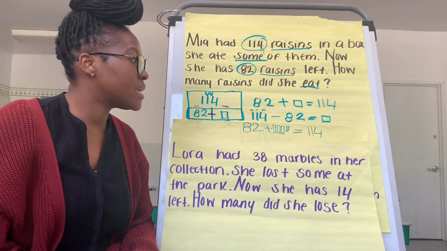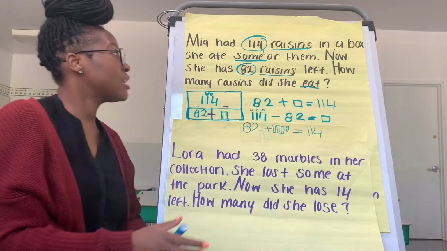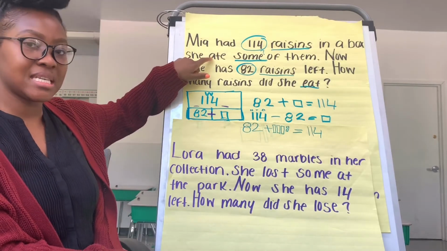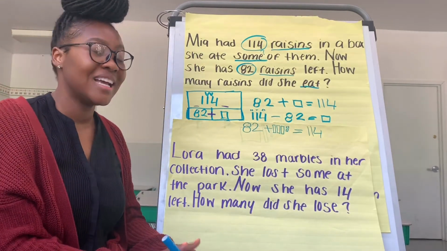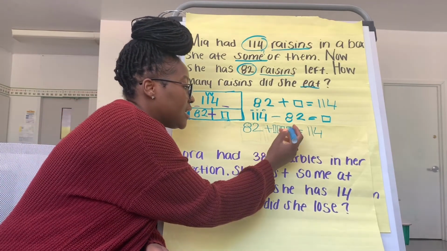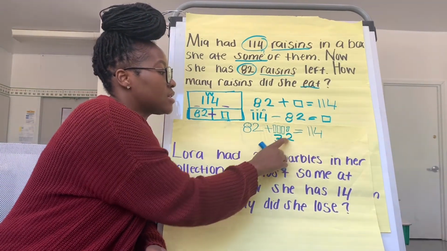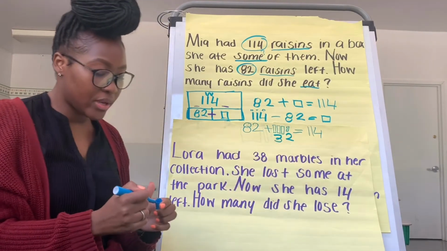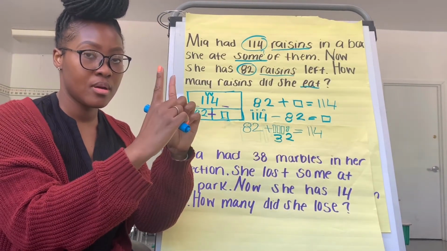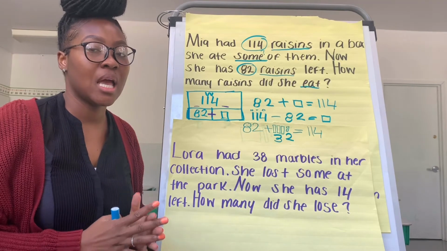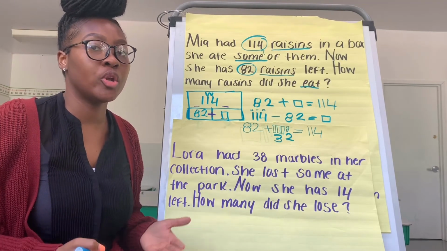So what was our missing part? How many raisins did she eat? Yes, 32. 3 tens, 2 ones.